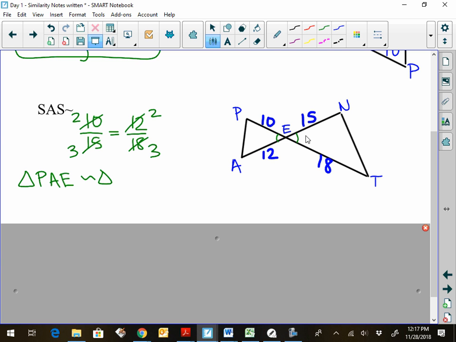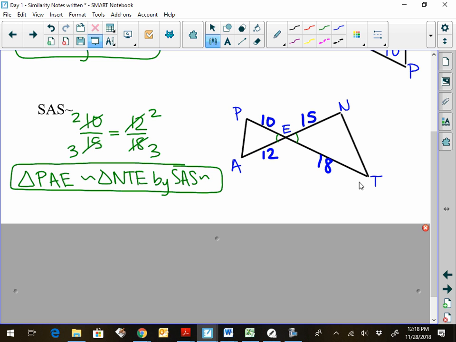So P was with the non-included side and the small leg. So the non-included side and the small leg would be N. And then we went to A, which would be on the outside here, and then to the E. So N to E. Triangle MNE, and these are similar by side angle side similarity.